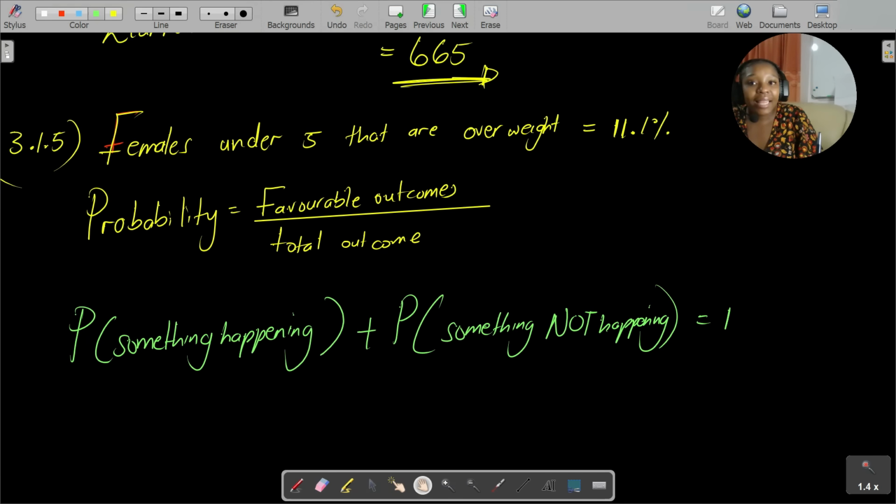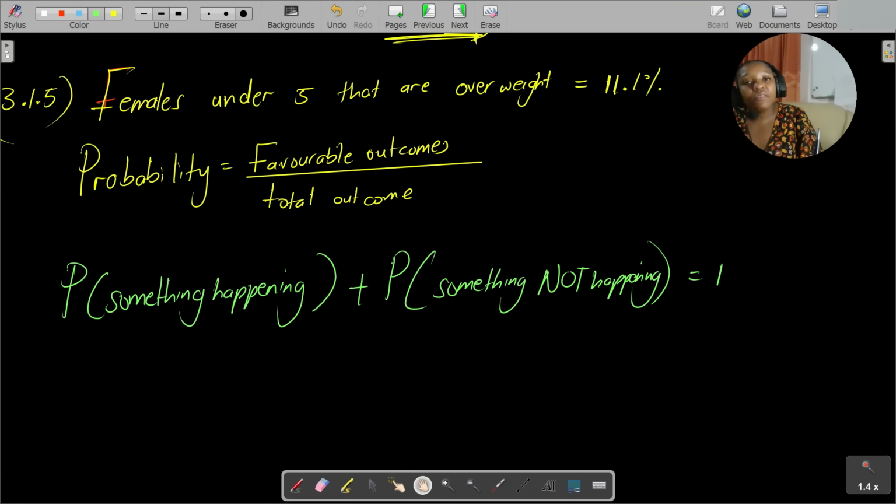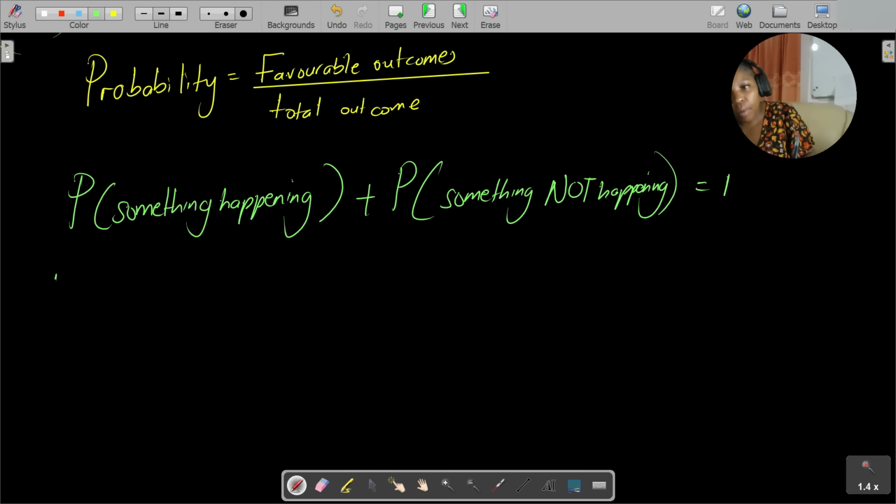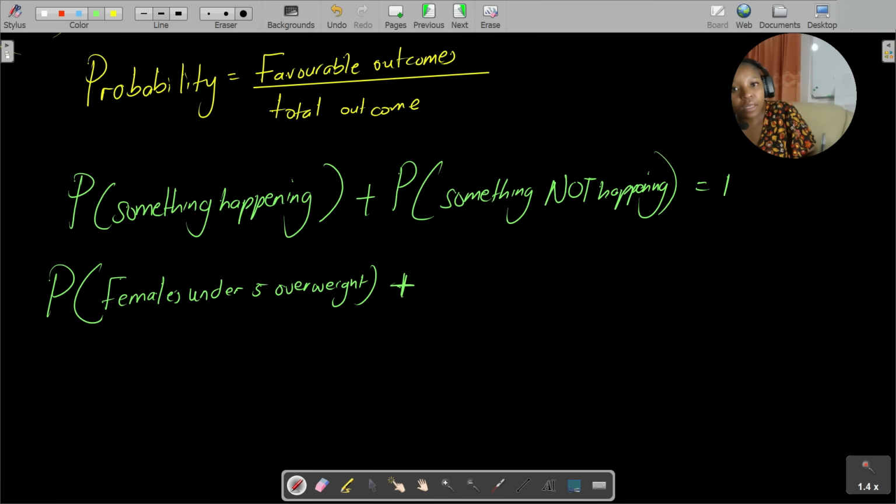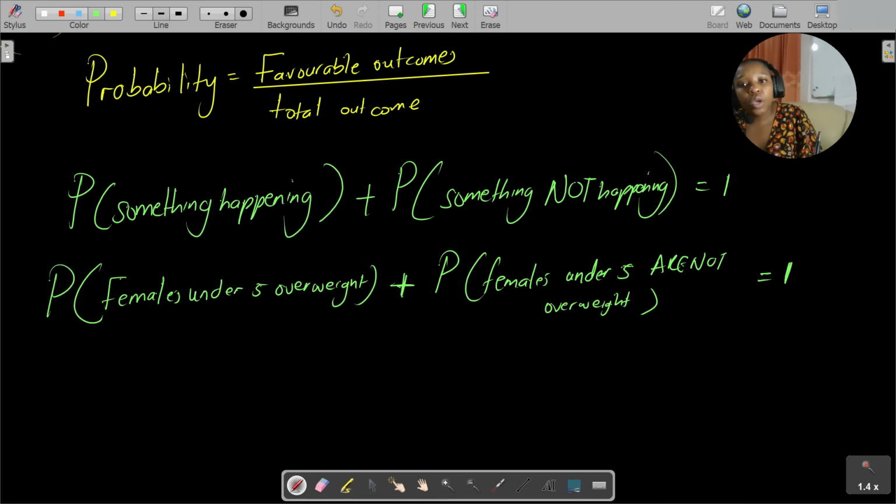In this example, the probability that the females under 5 are overweight plus the probability that the females under 5 are not overweight is equal to 1. So we are going to use what we already know, the probability that the females under 5 are overweight, to help us determine the probability that they are not overweight.